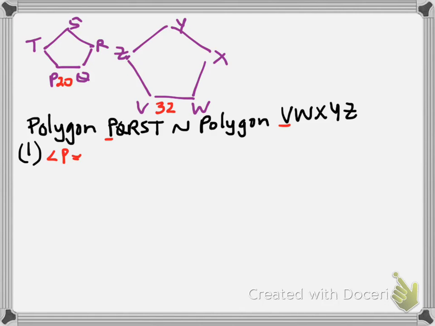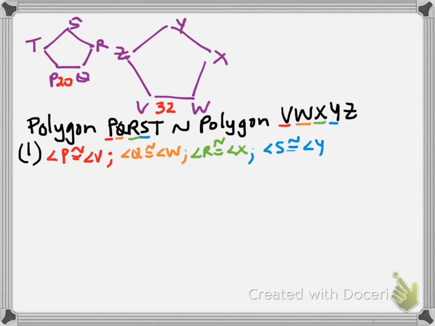So angle P would be congruent to angle V. Also, angle Q corresponds to angle W, so angle Q would be congruent to angle W. Angle R corresponds to angle X, so angle R is congruent to angle X. S corresponds with Y, so angle S would be congruent to angle Y. And T corresponds with Z, so angle T would be congruent to angle Z.